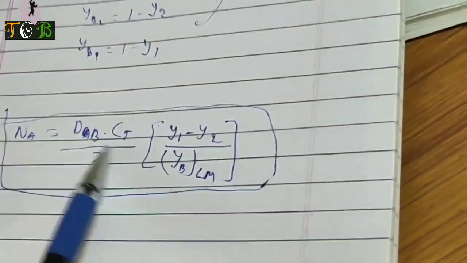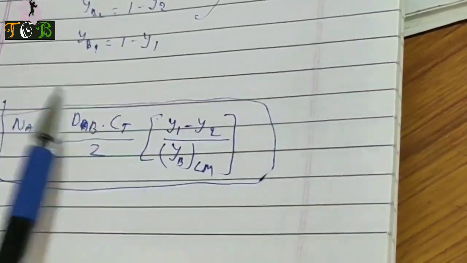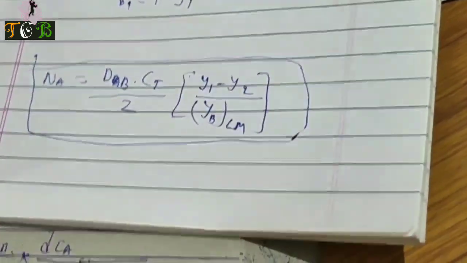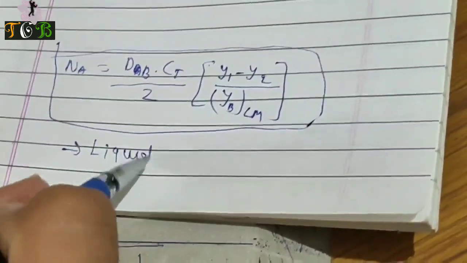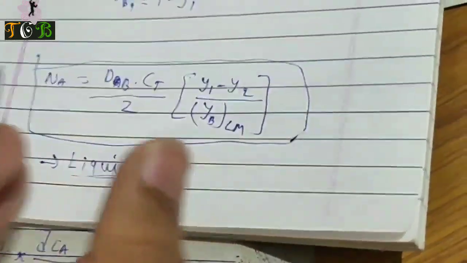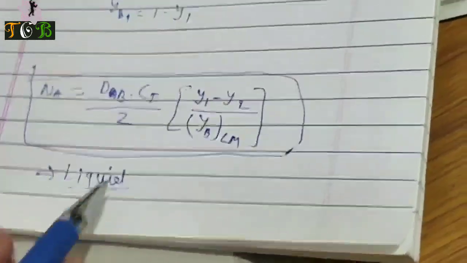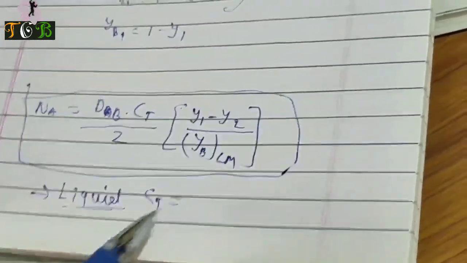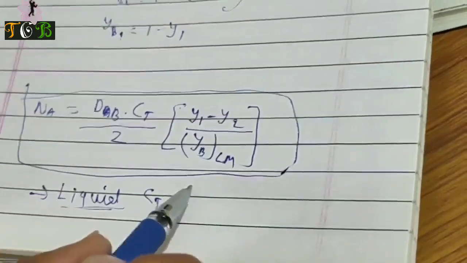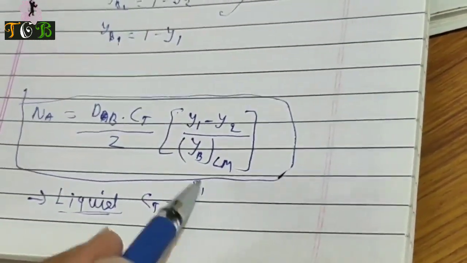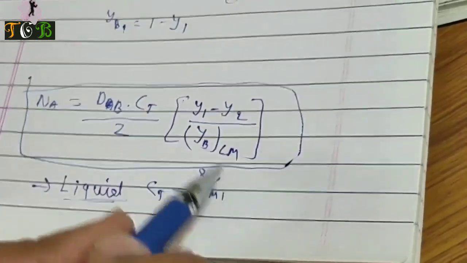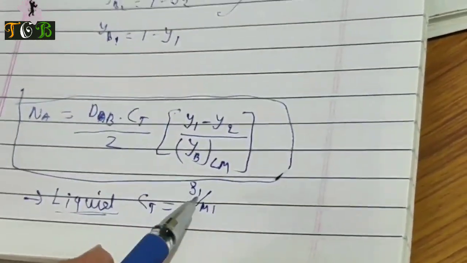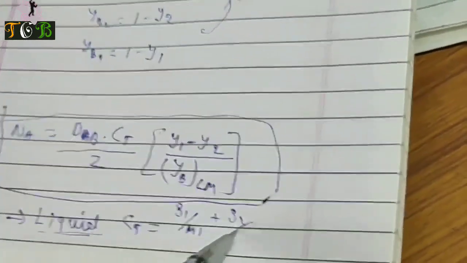Now what is this total concentration? There are two things which you have to keep in mind. First, you are dealing with liquid. The same thing can happen with liquid also. Then the ct will be the average concentration, which you have to find with rho 1, the density of component 1, divided by the molar mass of component 1, which gives the concentration of component 1, and rho 2 upon m2, divided by 2.